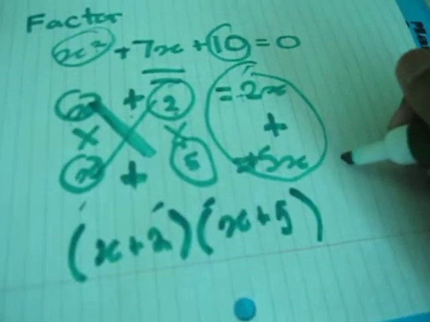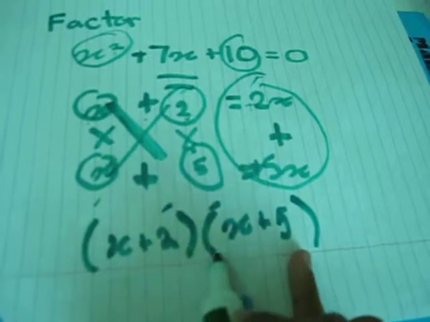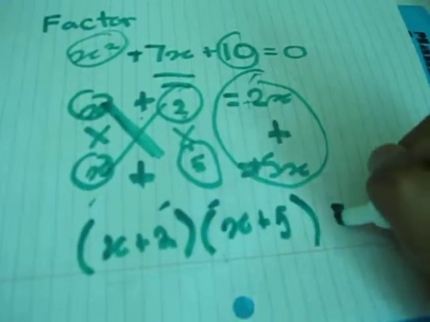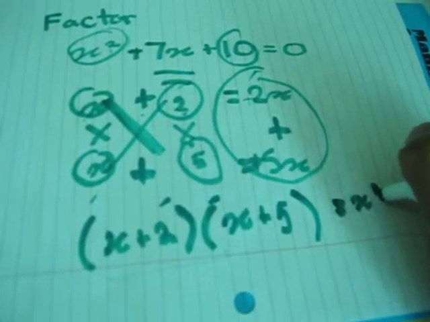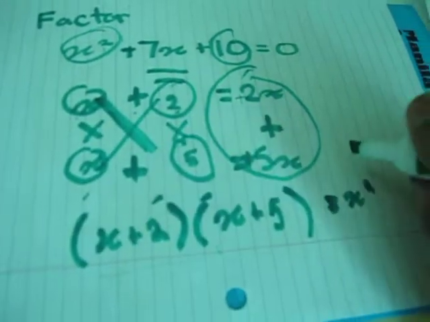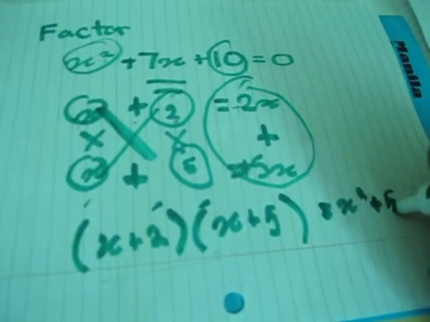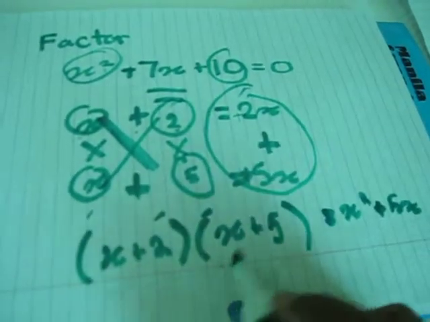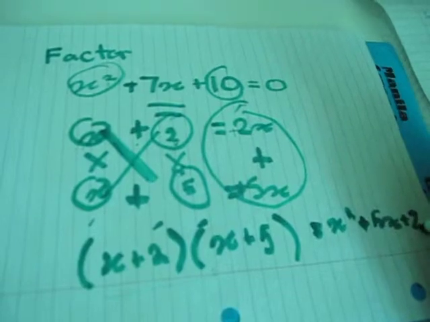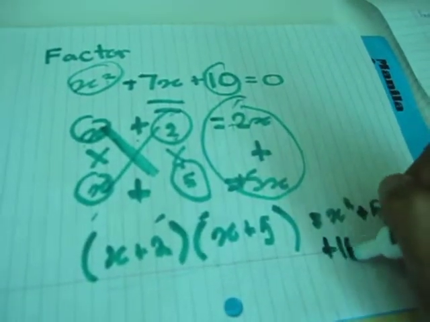And if we want to check our work, we can just solve the problem. So x times x equals x squared. x times 5 is plus 5x. 2 times x is plus 2x, and 2 times 5 is plus 10.